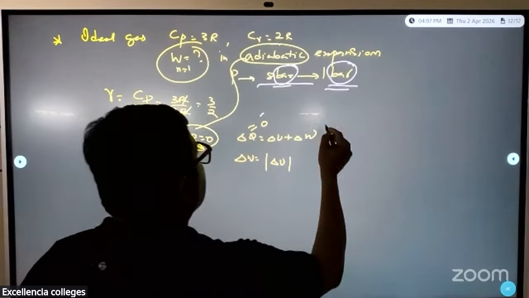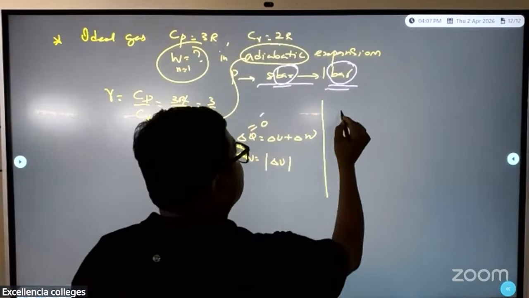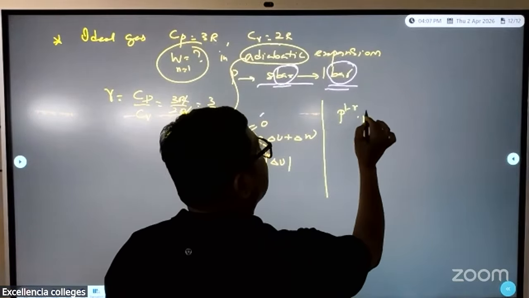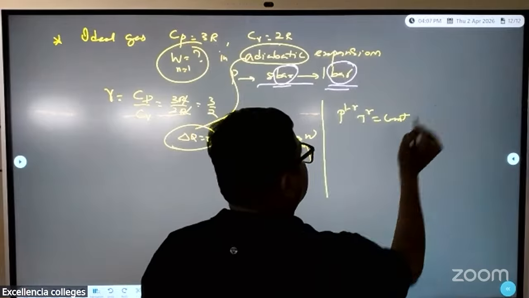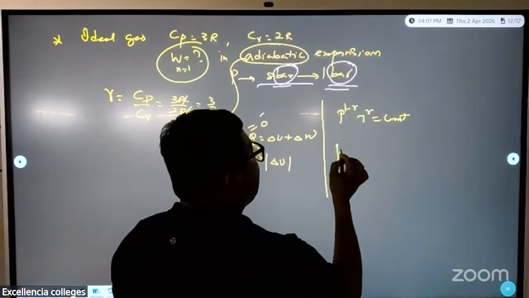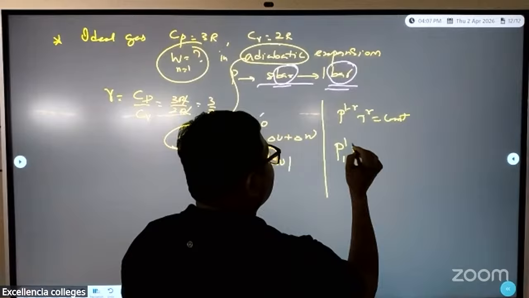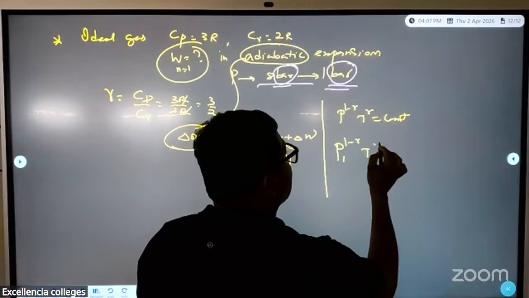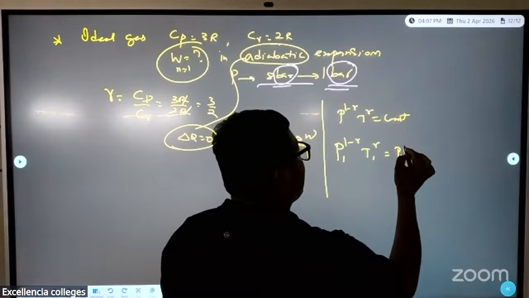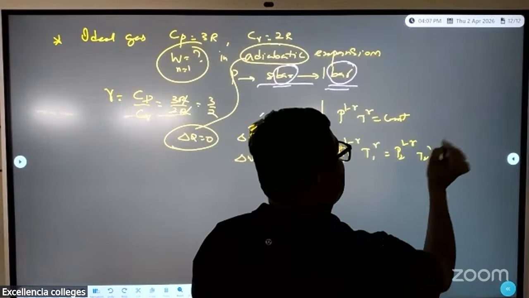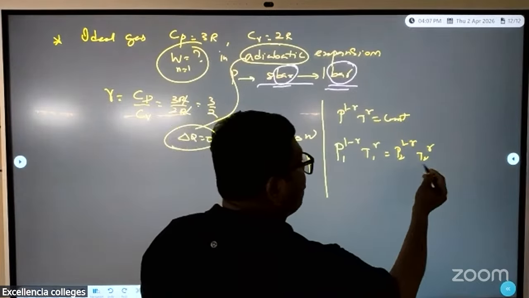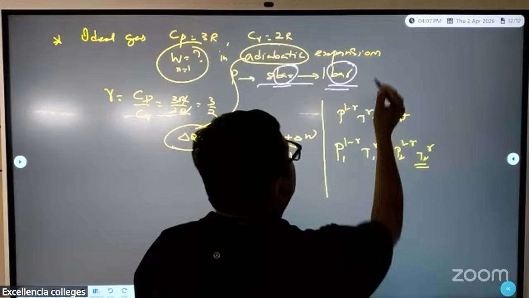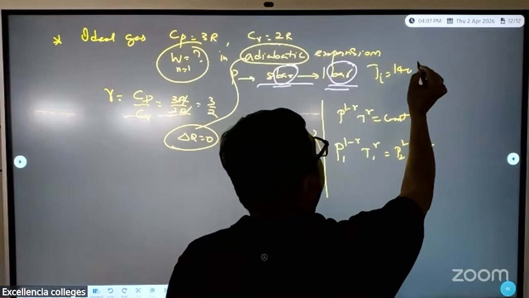So we know that we can keep P to the power 1 minus gamma and T to the power gamma as constant. Let's quickly calculate this: P1 to the power 1 minus gamma into T1 to the power gamma is equal to P2 to the power 1 minus gamma into T2 to the power gamma. So let us calculate T2. The initial temperature mentioned in the question is 140 centigrade.